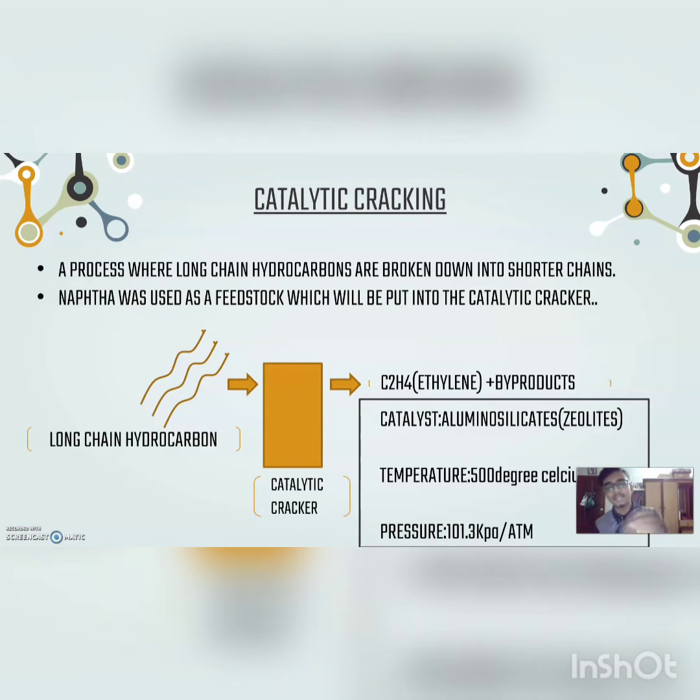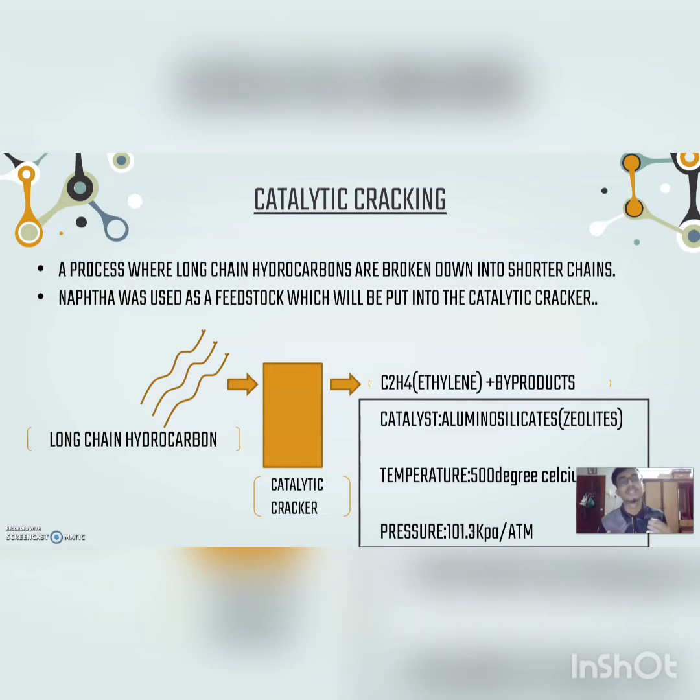Inside the catalytic cracker there is a catalyst, and this catalyst is aluminosilicate, also known as zeolites. When the long chain hydrocarbons are inserted into the catalytic cracker, the catalyst has a larger total surface area.